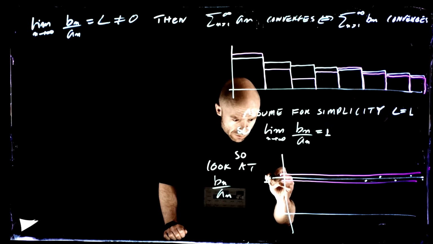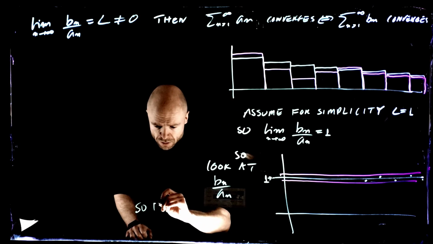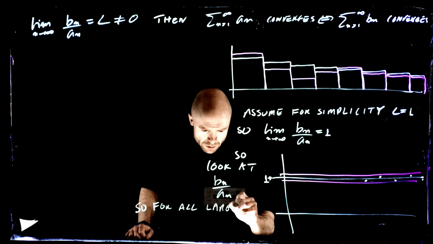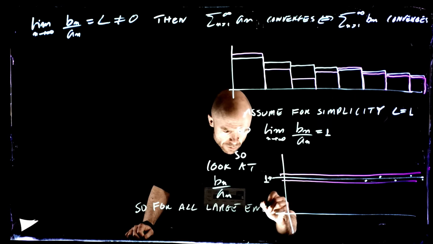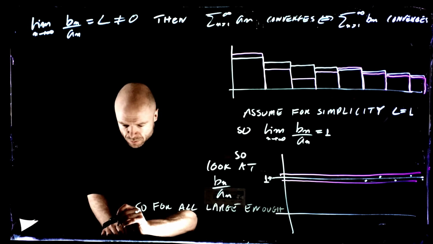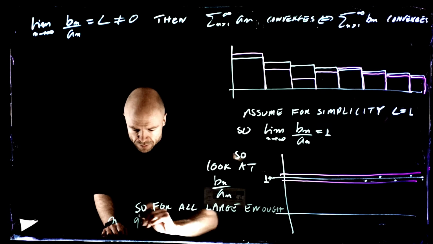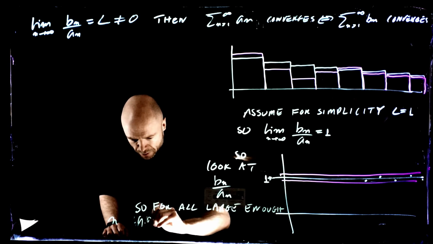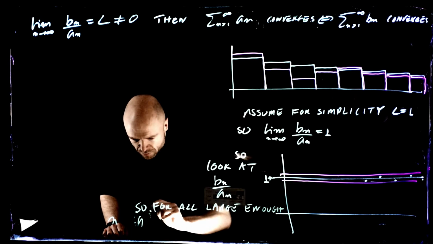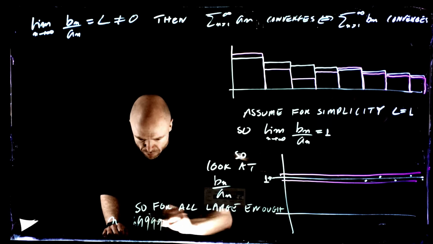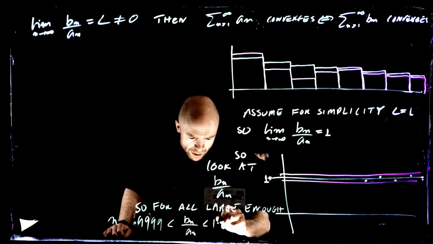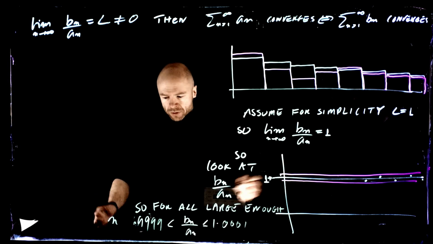So what that means is that for all large enough n, we have that 0.9999, however many nines you want, is less than bn over an, which is less than 1.0001, for example.